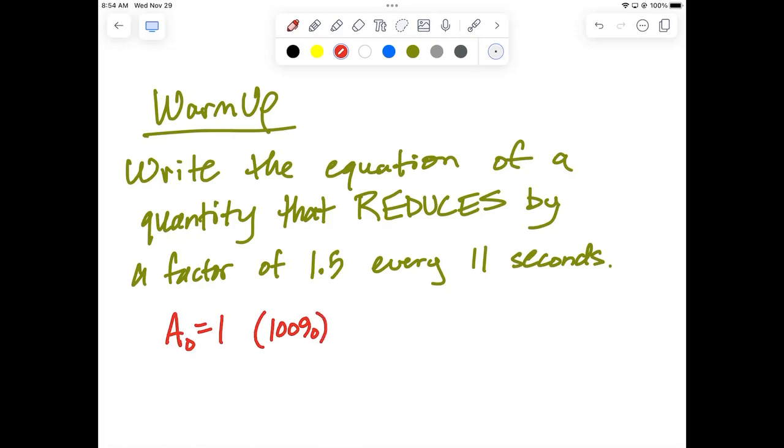Okay. So we're going to have the amount at time t should be 1 times the base to the t modified power. Okay. So what would the base be if it reduces by 1.5? How'd you get 0.985, Brady?